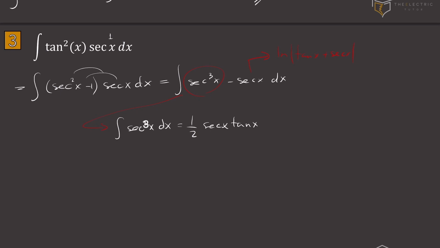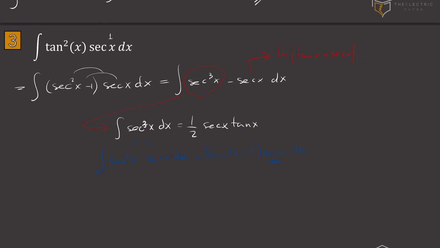This is secant cubed. Instead of using trigonometric tricks, like separating it into secant squared times secant and then turning it into tangent squared plus 1 times secant, well, that's not going to work here because secant is raised to the first power. This is just making things even more complicated.